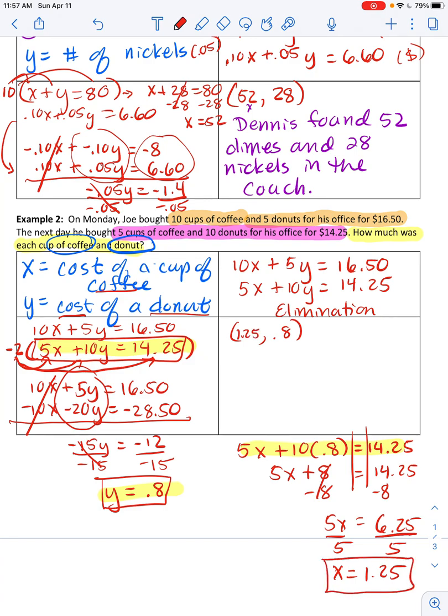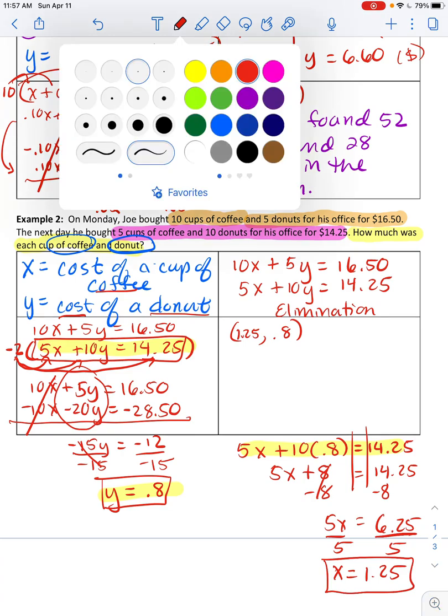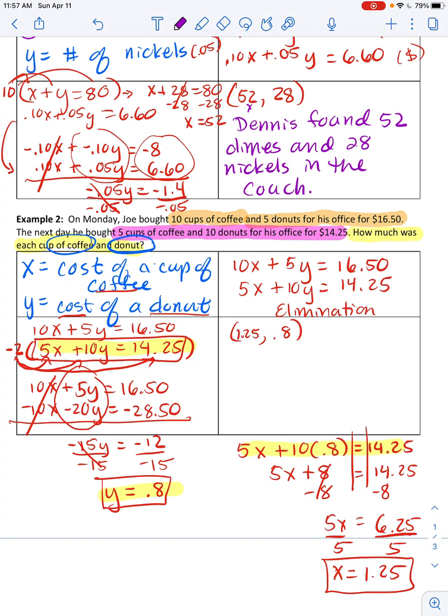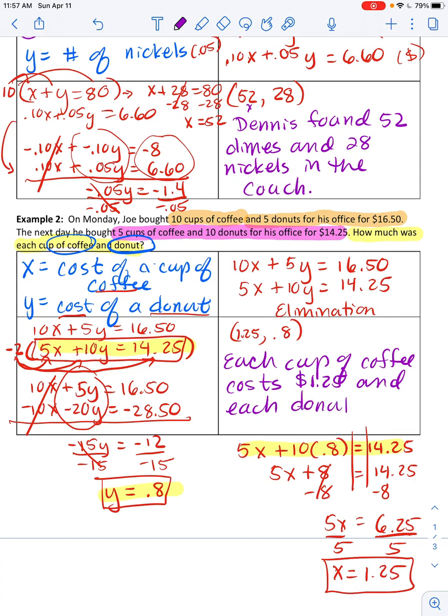Okay, again, that makes sense because my x is representing the cost of a cup of coffee. So in the end, when I have to write my answer as a sentence, because the question was how much was each cup of coffee and donut, I would say each cup of coffee costs $1.25 and each donut costs, because now I'm talking about the y, 80 cents.